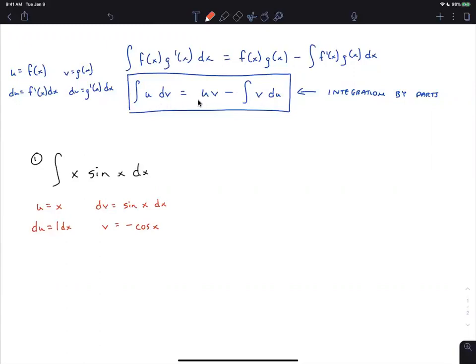That integral is equal to u times v. u times v is x times negative cosine x, that's negative x cosine x, minus the integral of v du, so minus the integral of negative cosine x dx. Does that make sense to everybody?